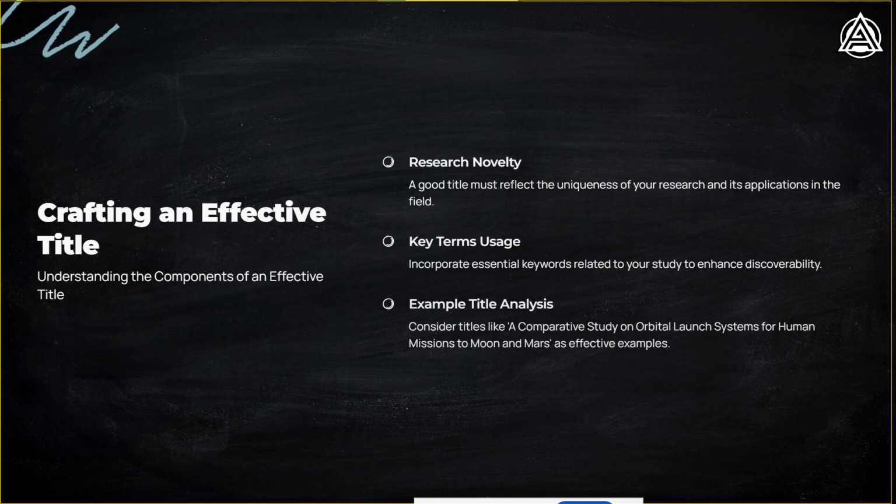So the first one is crafting an effective title. What do you think? Is it necessary, or do we need to focus more on the title rather than the body of the research paper, the main content of the research paper?